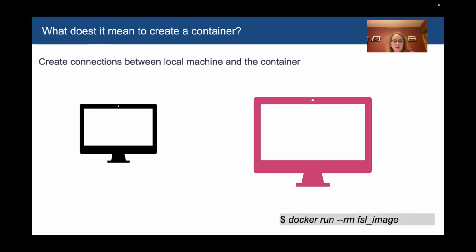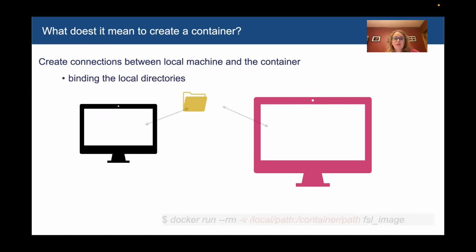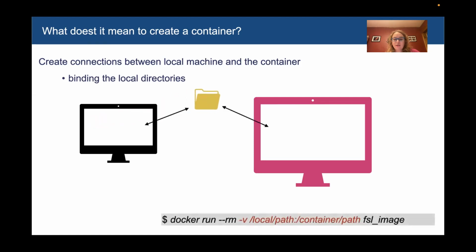So the next thing you should think about when running containers is the connection you have to build between your container and your local machine. We often call these connections bindings. The most common binding you would like to create is with the local directories.